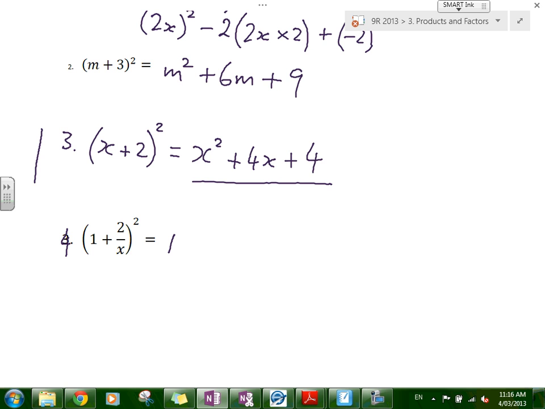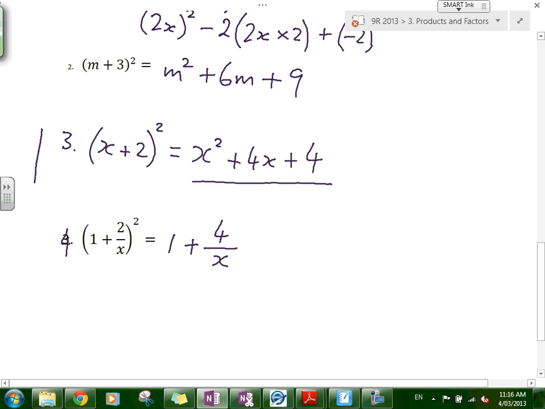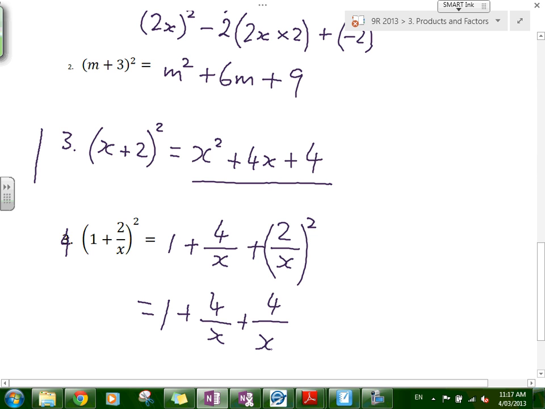And then you double that? 4 over x. And then what's this term squared? 2 over x squared, which we can write as 1 plus 4 over x plus 4 over x squared.